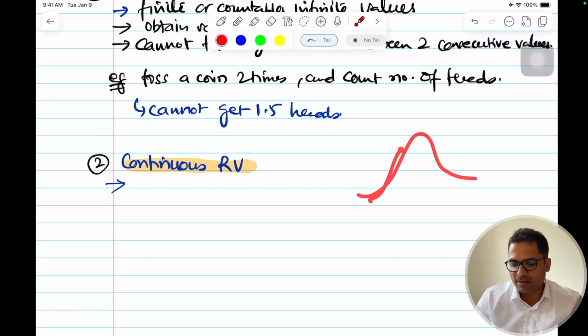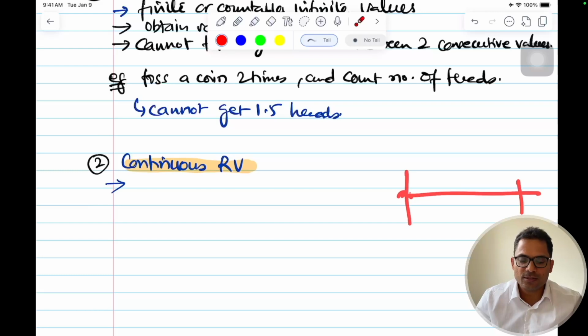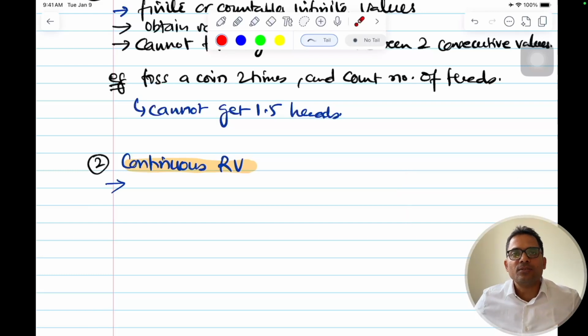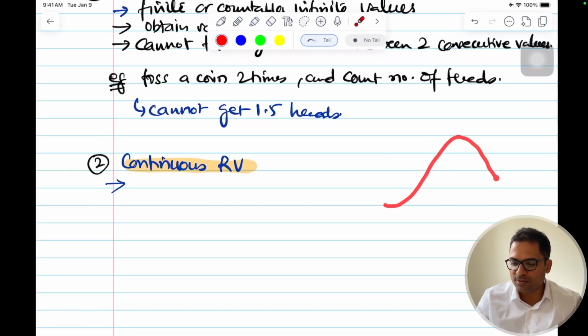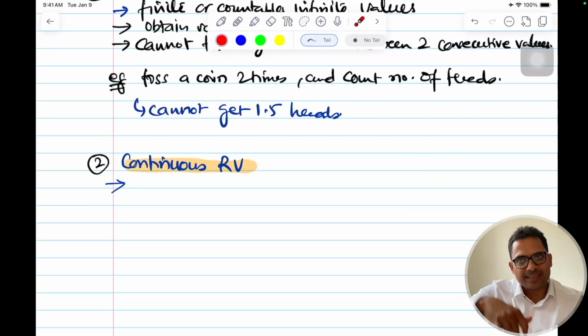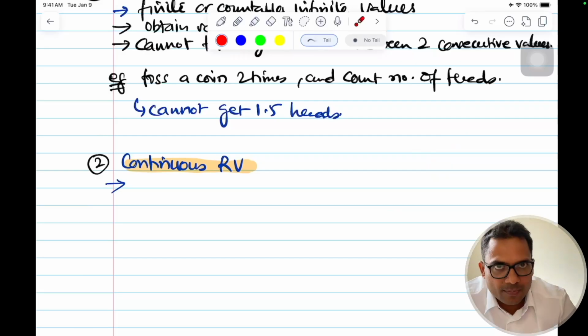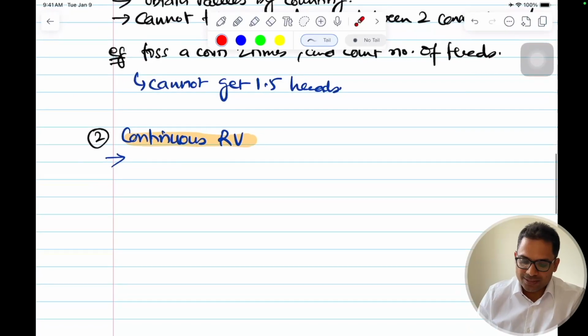It will take an infinite number of values between a given range, on a number line. For example, the heights of people can take continuous values.